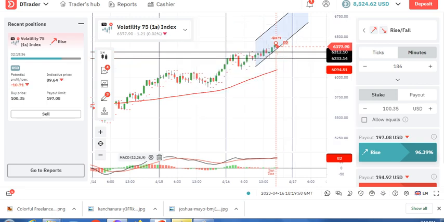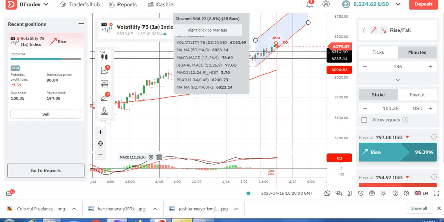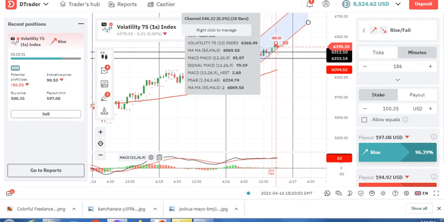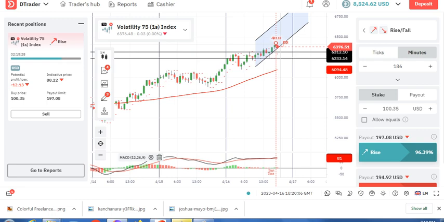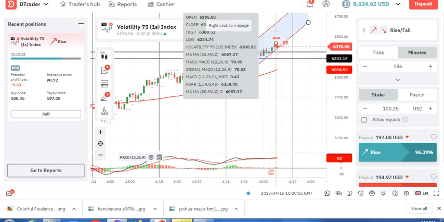Because this market has pierced this resistance, your probability of making a profit from a trade you entered here is over 95%, if you enter the market perfectly.